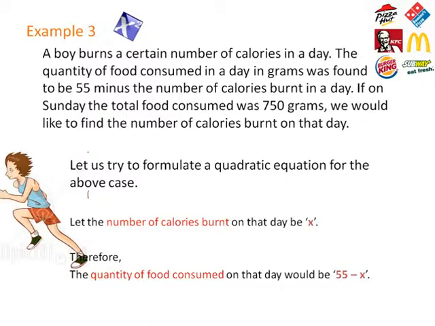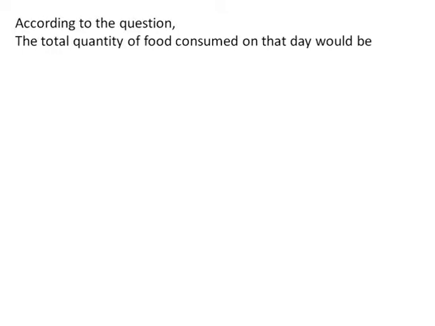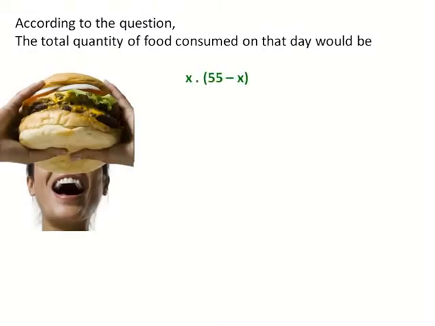If you read the question again, you would notice this constraint. From the information given in the question, the total quantity of food consumed on that day would be x into 55 minus x. Now this is equal to 750 grams. Let us try to simplify this equation. I get 55x minus x square equal to 750.